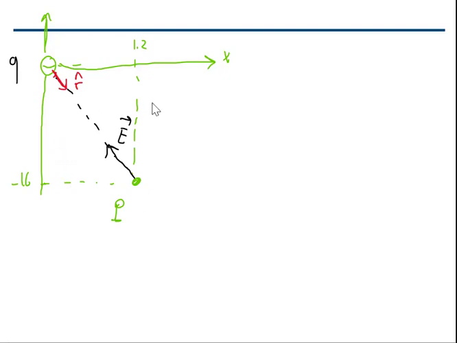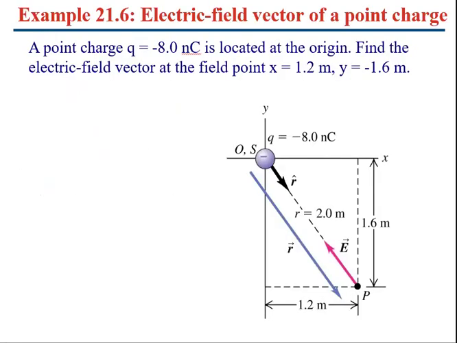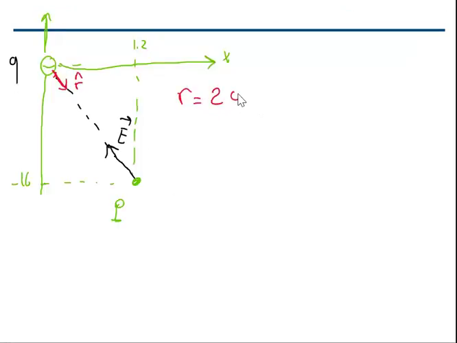That's very nice. What is the distance r? The distance r is given in the figure as 2 centimeters, which is equal to the square root of 1.2 squared plus minus 1.6 squared, because we have a right angle triangle.